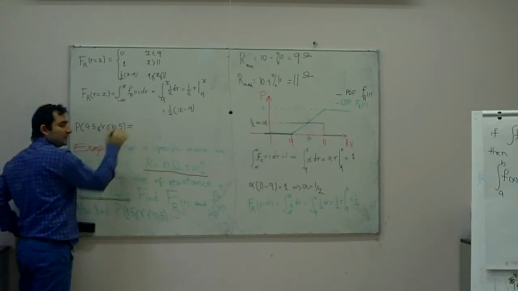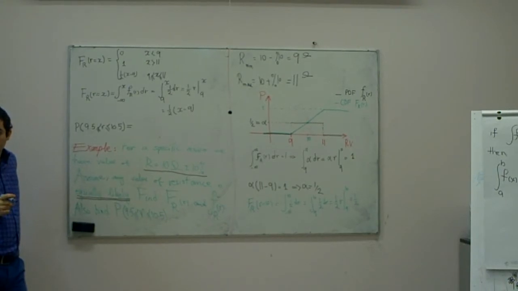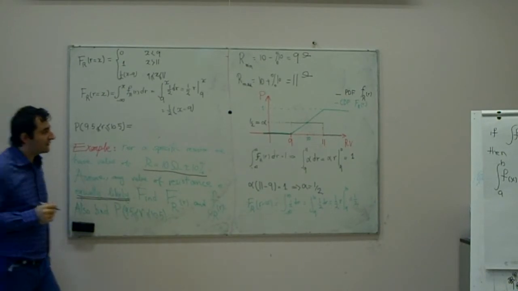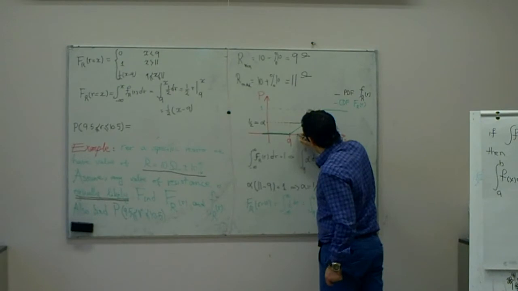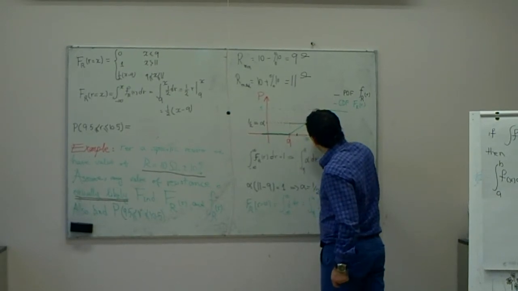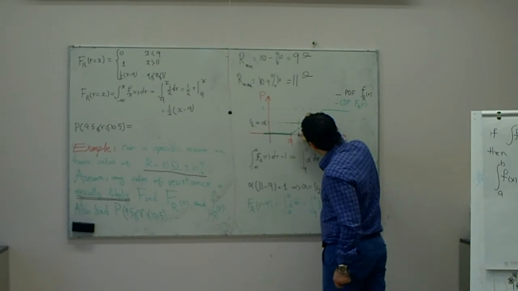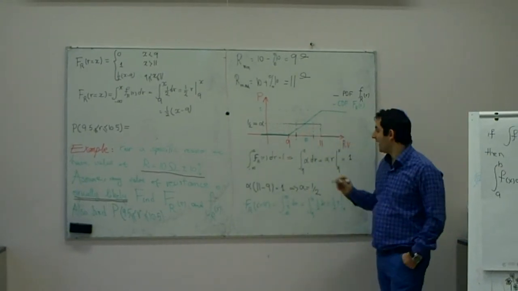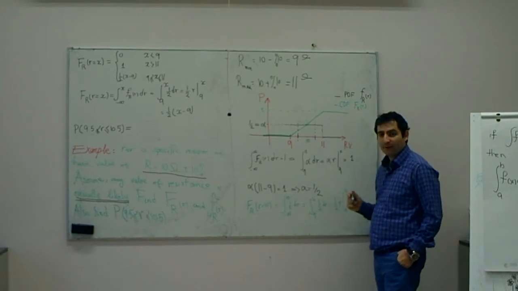What is the probability of having a resistor value between 9.5 and 10.5?